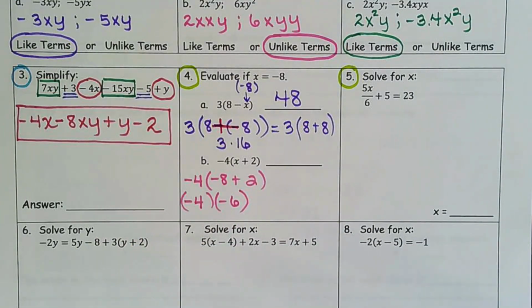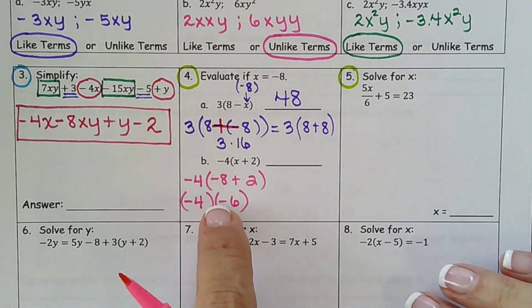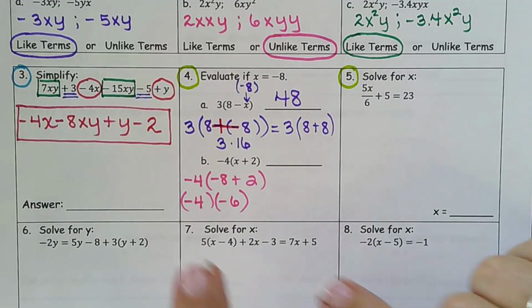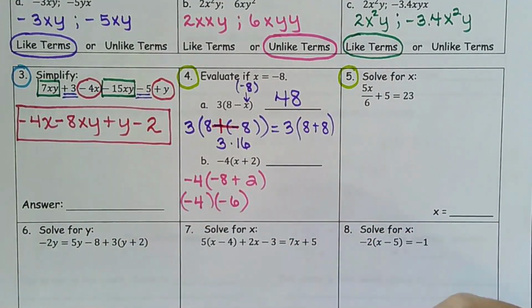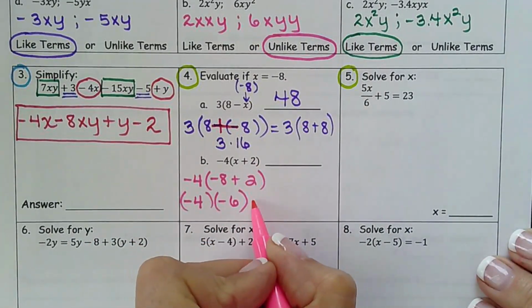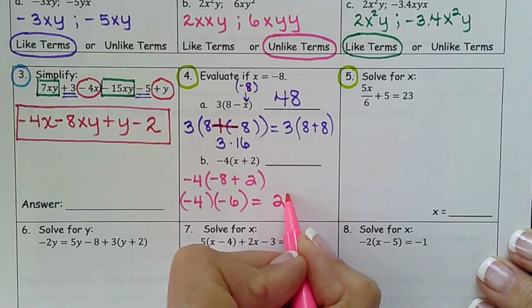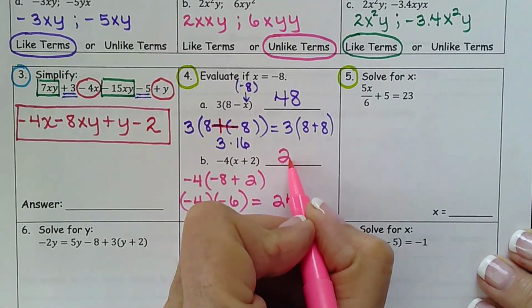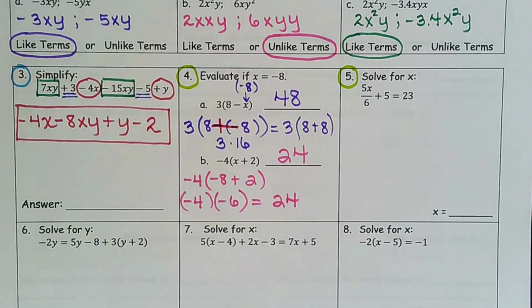I kind of like to use parentheses when there's a lot of negatives, just so I don't lose them. I see that it's multiplication, but I don't lose the multiplication sign. So 2 parentheses also mean multiplication. So -4 times -6, 2 negatives equal positive 24. So nice and simple. So that is called evaluating.